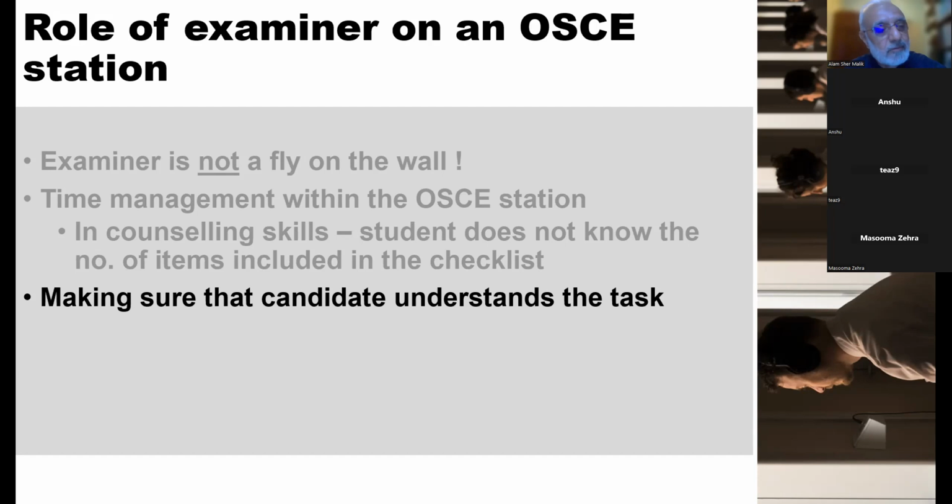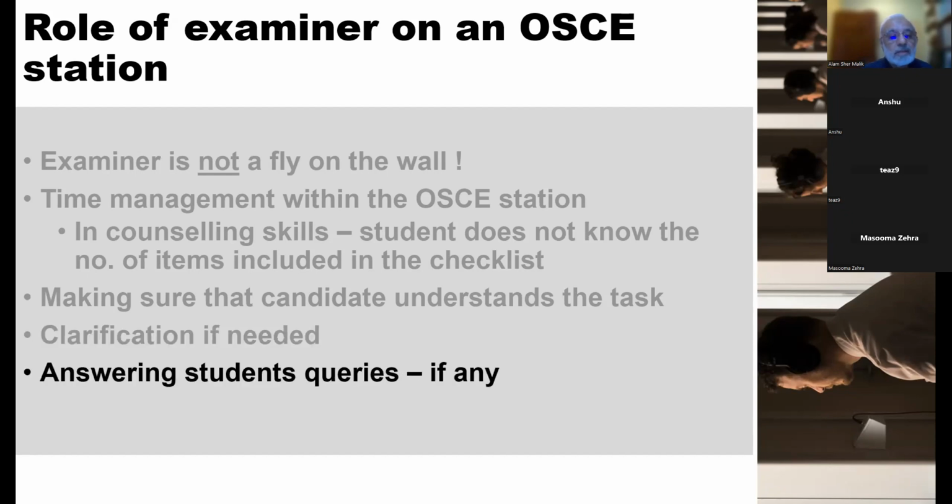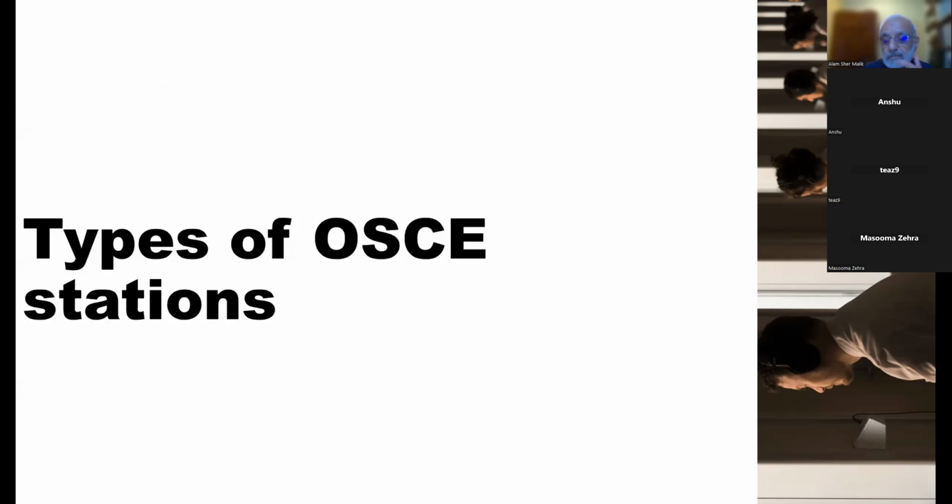Similarly, another example, we wanted the students to do a motor system examination, and students think they have to do the whole CNS examination. So I think it's always very useful to make sure that the student has understood what they are supposed to do. If the student needs any clarification, the examiner should be able to provide that, and any queries, the examiner should be able to answer.